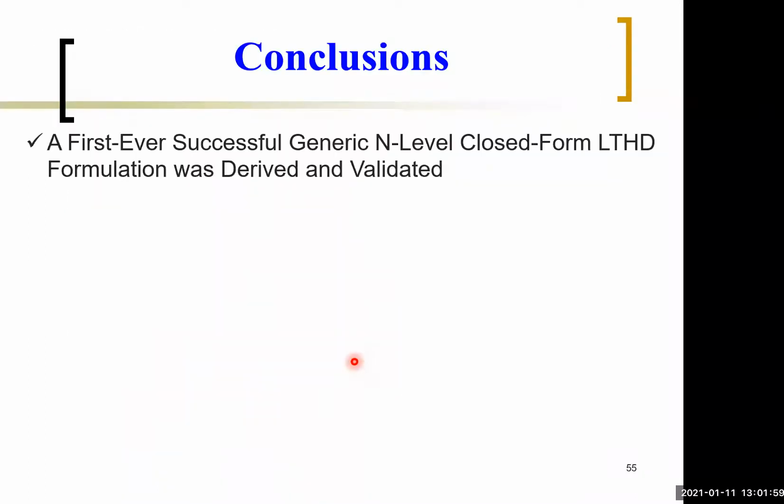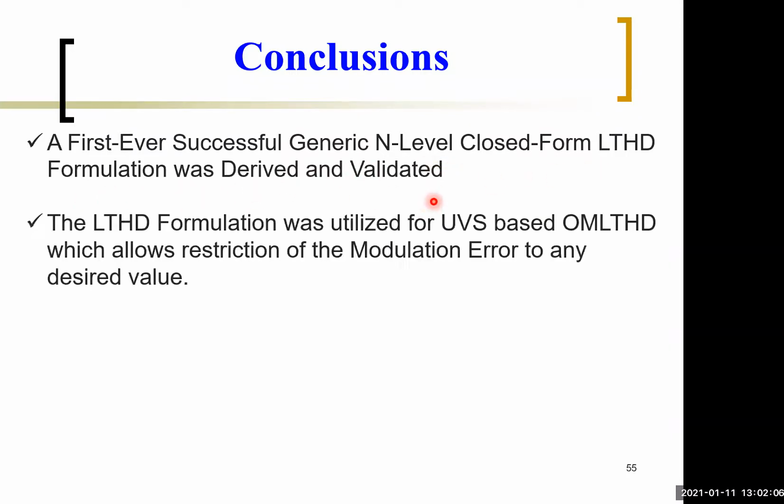And conclusions quickly. So a first ever successful generic N-level closed form LTHD formulation was derived and verified. The LTHD formulation was utilized for unequal voltage step based OM-LTHD, which allows restriction of the modulation error. This is the most important, to any desired value.